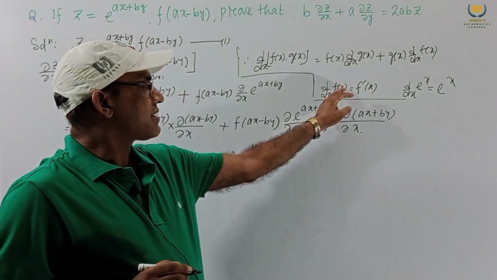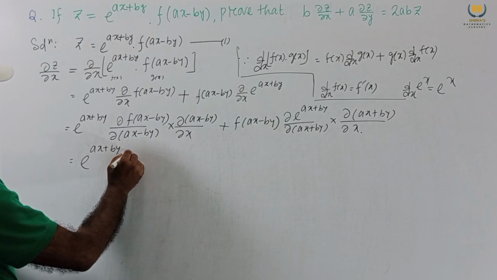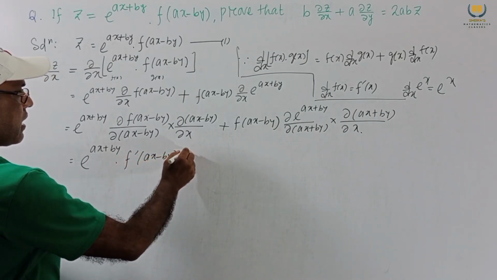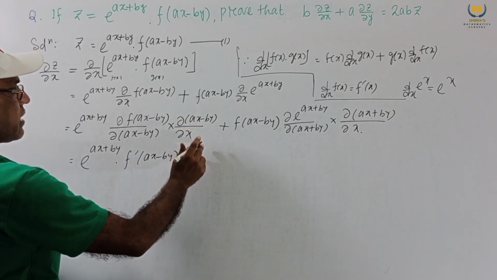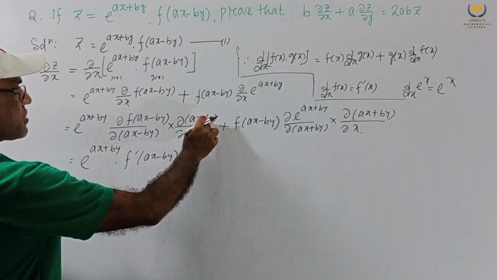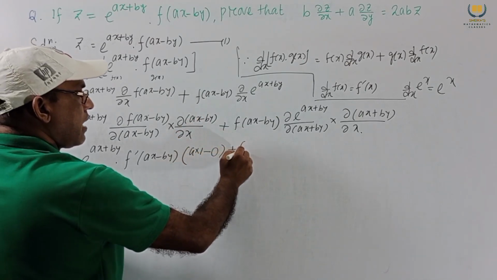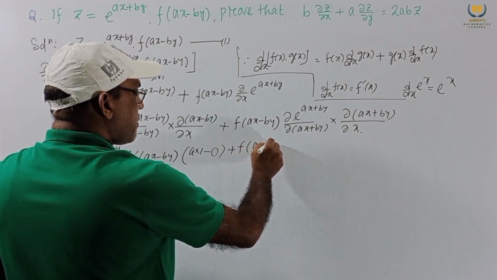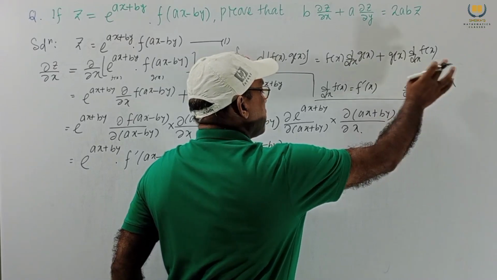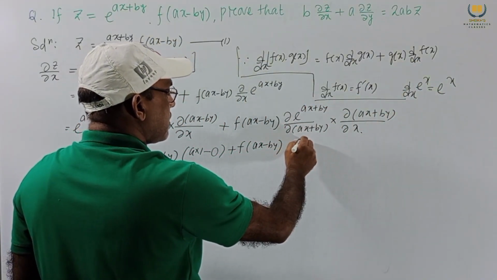If x is the same, then we get f dash x, then this and this are the same, we can write f dash of ax minus by, and a is constant, del x of x is 1, and by is constant because we differentiate partially with respect to y, this is 0, and for e to the power x, the derivative is e to the power x.